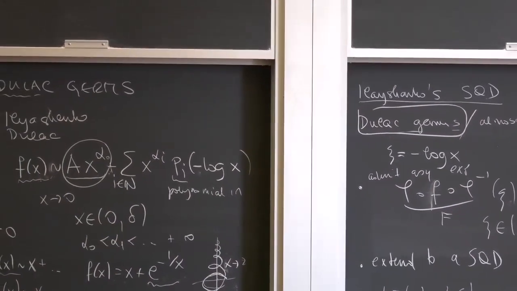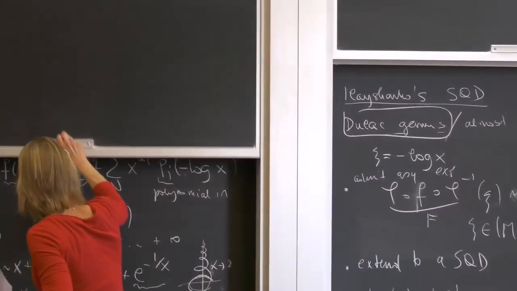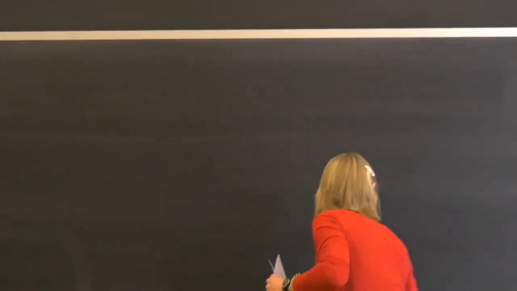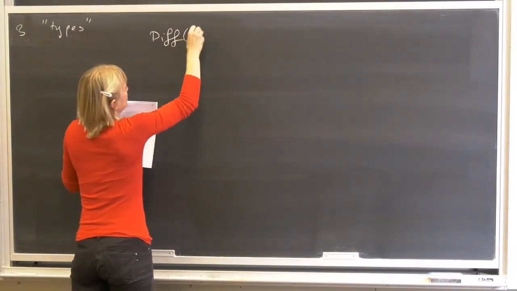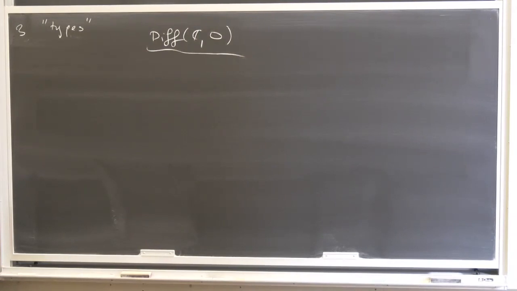I will just tell that there are, let's say, three types of Dulac germs. This is motivated by the classical typology of diffeomorphisms around 0.